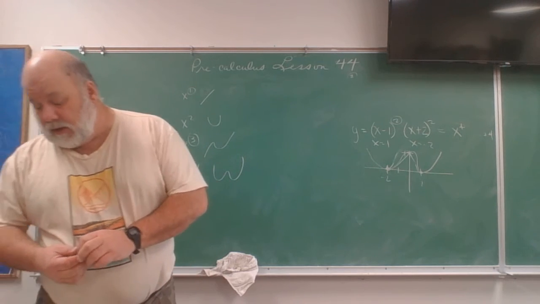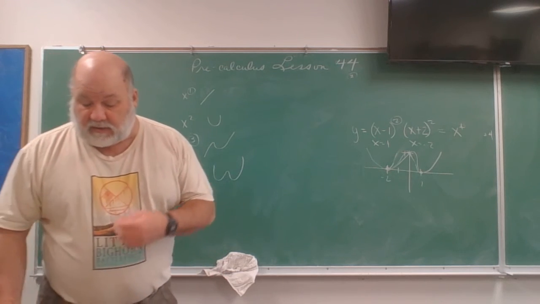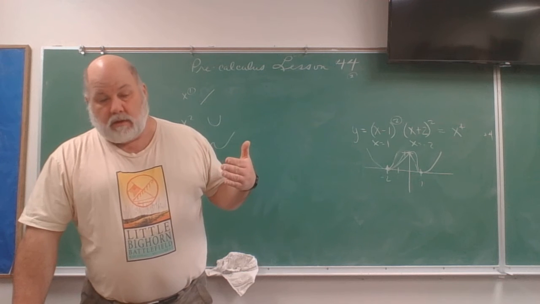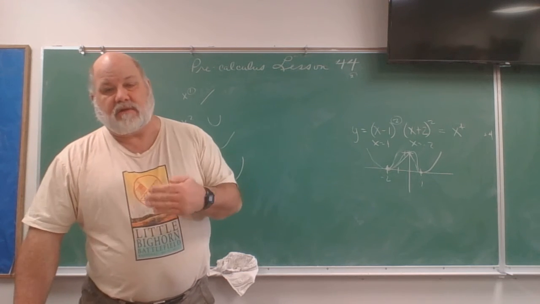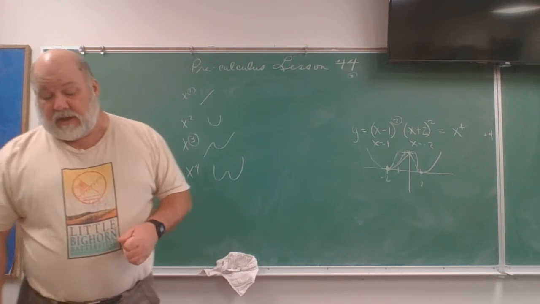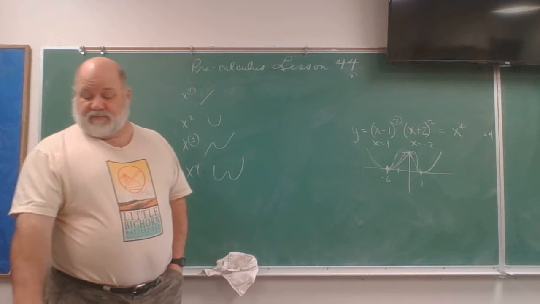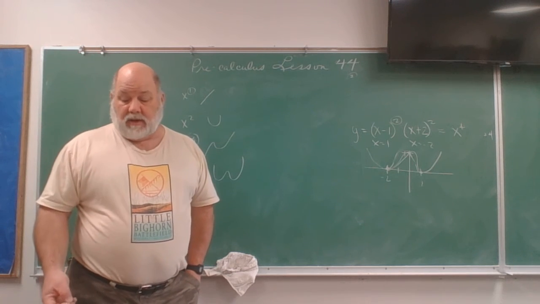If you go to the bottom of page 225, they give this equation: y equals ax to the 4 plus bx cubed plus cx squared plus dx plus e. And here are 6 possibilities of what your graph could look like.